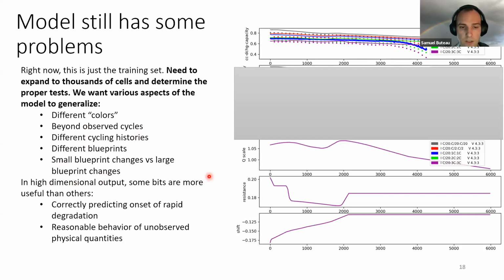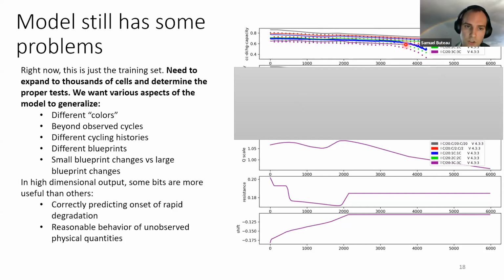Finally, I just want to mention that when you have a high-dimensional output, some bits of information about the predictions are more important than others, and they're not necessarily the ones that are captured in the naive error metric. So for example, here you have 10,000 numbers, and none of these numbers is exactly the cycle at which this rapid degradation starts, but that's a very important number to be able to predict.